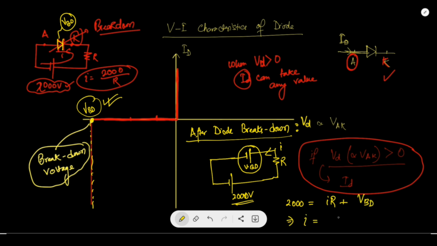So what will be the I? 2000 minus VBD divided by R. Fine. So here I have not considered this breakdown voltage, but there will be a constant voltage across the diode when the diode breaks down, that is equal to the VBD.